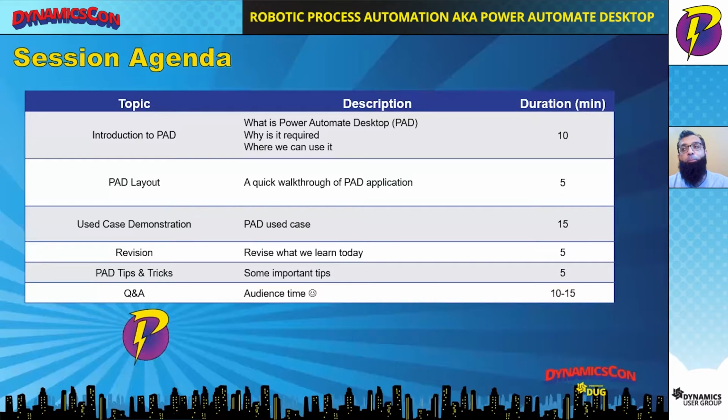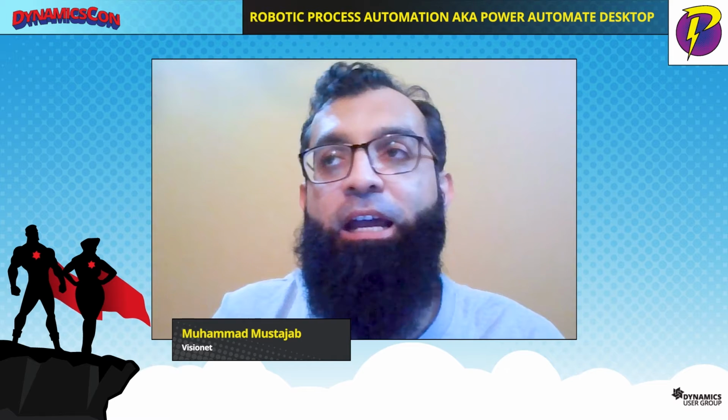Similarly, I will explain the layout, how and where the fields and information are, and also describe use cases, how we can use Power Automate Desktop in a particular case. After that, a quick revision of what we learned today, then quick tips and tricks that I have learned in my experience with Power Automate Desktop, and a question and answer session at the end.